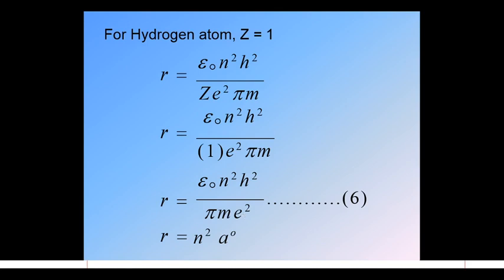And this a0 is known as Bohr's radius. In your textbook, a0 is given as a suffix 0. So sometimes a0 is represented as a suffix 0, or you can represent it as a superscript 0. So a0 is the distance which is known as the Bohr's radius.